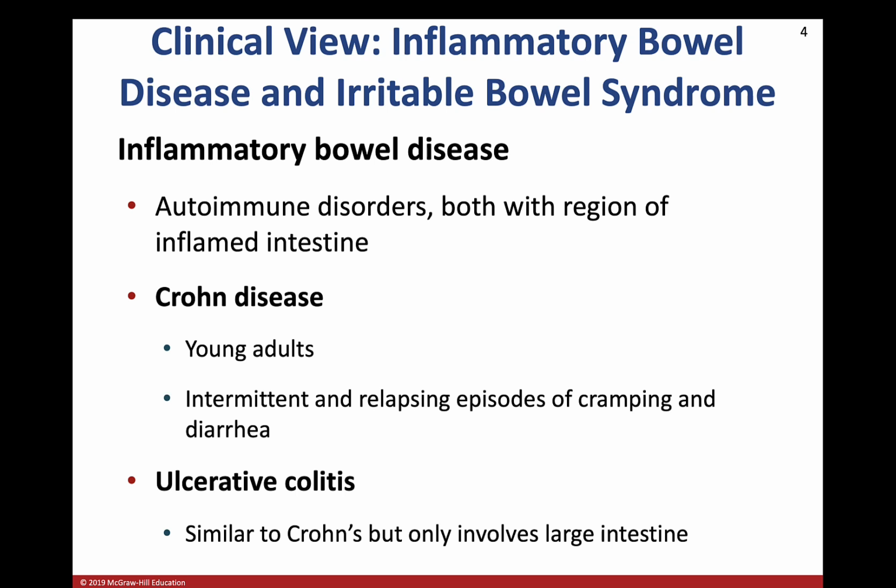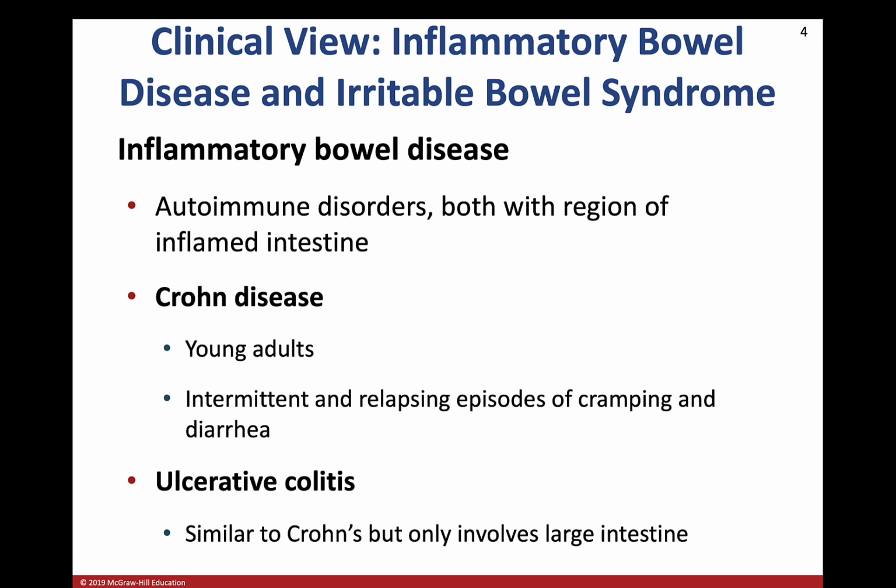Now, there are a number of diseases out there that we are starting to see more of, and this is one of the reasons why I am starting to be more interested in the digestive system. It definitely goes beyond transport across an epithelial layer. Some of these autoimmune conditions that are tied in with the lower GI tract include inflammatory bowel disease, and this is an autoimmune disorder with regions of the small intestine.